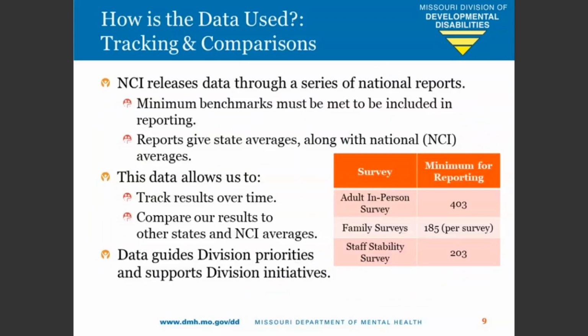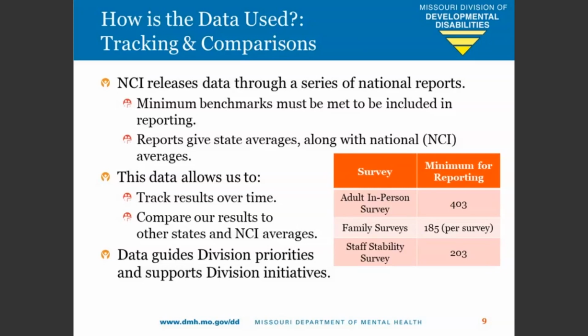Okay, so why does this all matter? What do we do with it? Well, we do a lot with the reports.